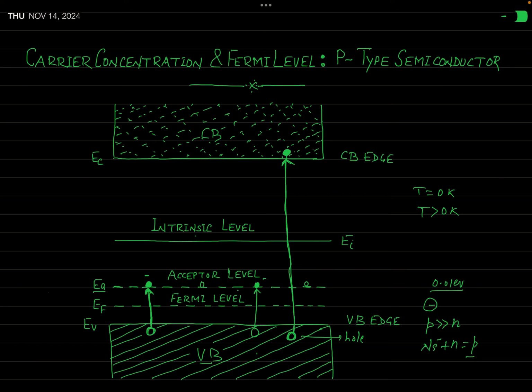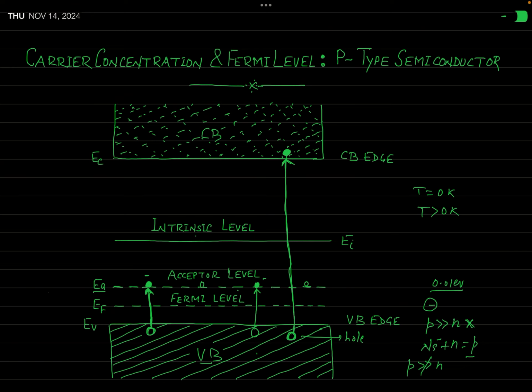So in that condition, this condition will not be valid. That is, then you can't take that this P is much greater than N, because then a large number of electrons will move to the conduction band.